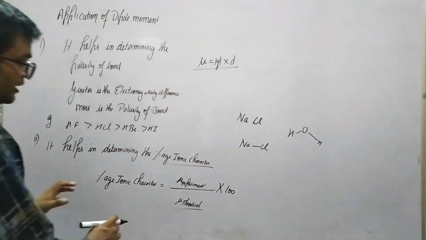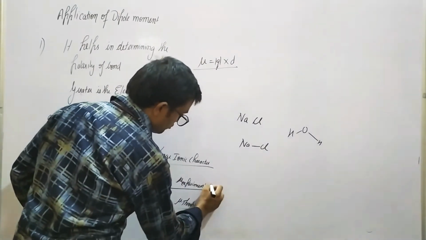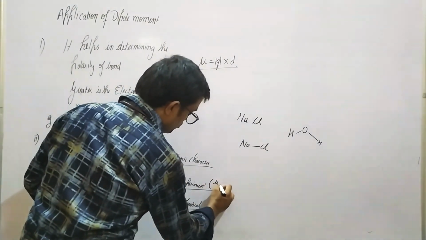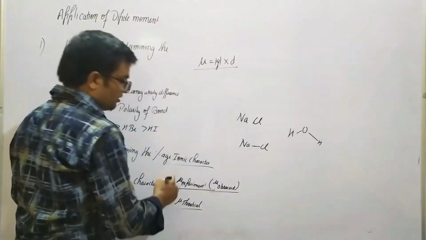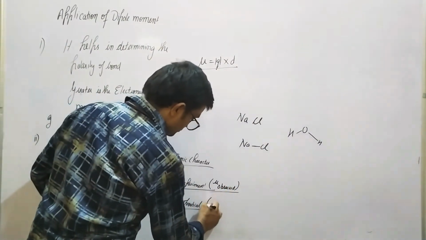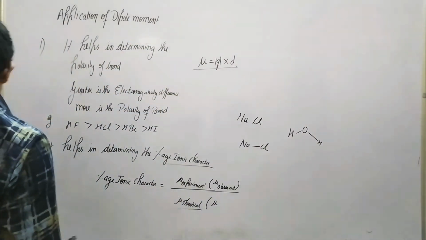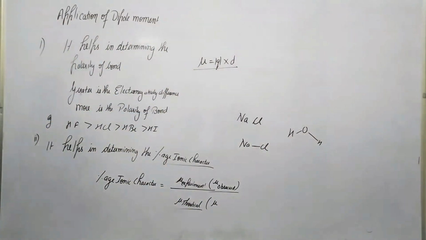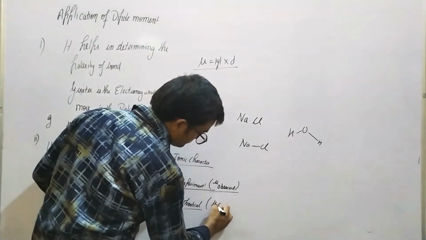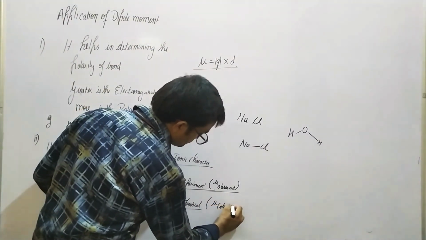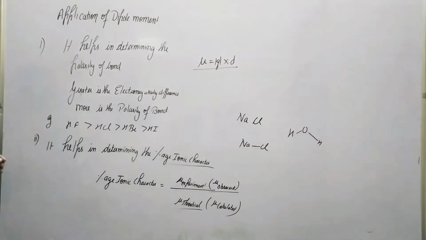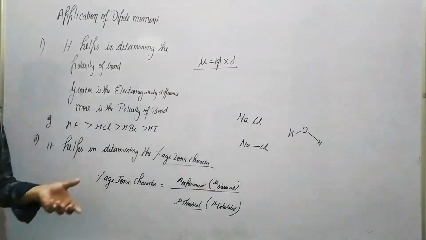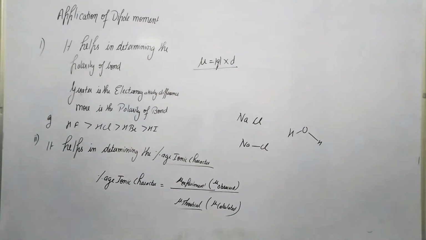Experimental can also be called μ observed, because when we do an experiment we observe the values, so μ observed by μ calculated. In your notes I have explained this example. You can go through it. If you have any doubt, we can discuss it later in our classes.